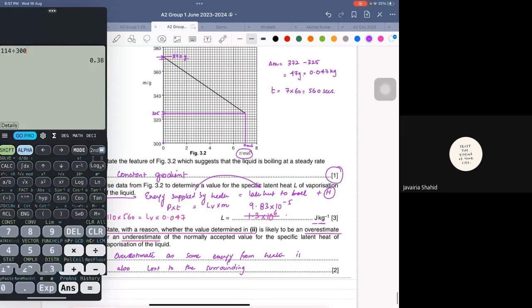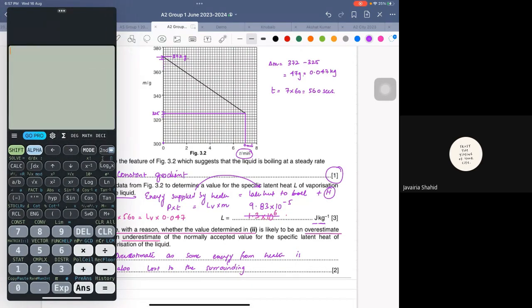Let me check again. I think we got 560 wrong. 7 times 60 is equal to 420, not 560. Yes, that's why. So it should be 110 times 7 into 60, power into time, divided by 0.047. Yes, that should be the answer.